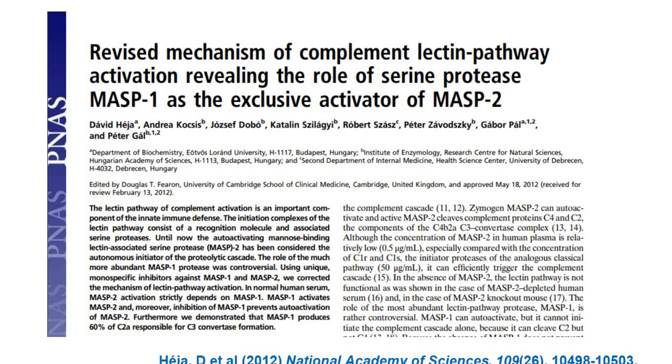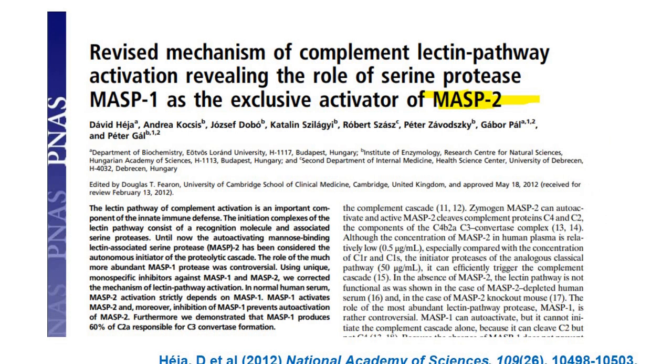Further, according to your book, in blood, MBL is associated with MBL associated serine protease, that is MASP. What does MASP stand for? MASP stands for MBL associated serine protease. These are the collectin group of families from ficolin.